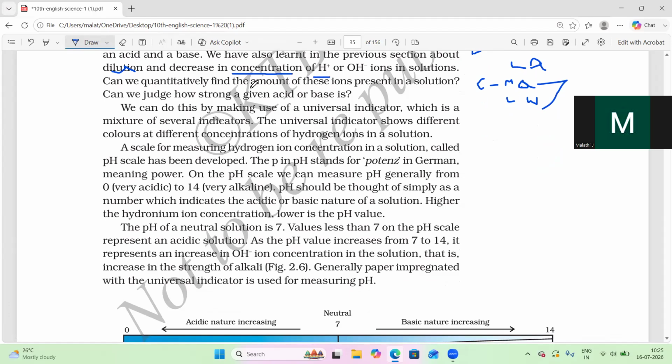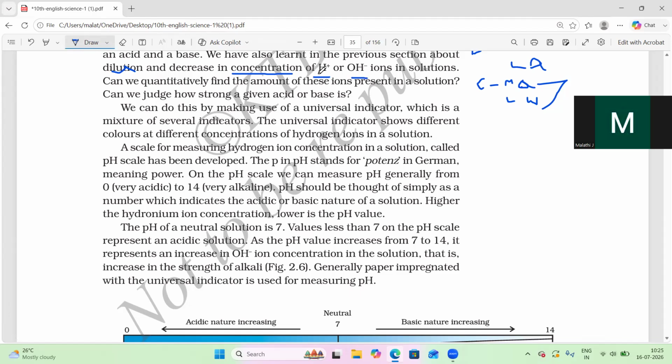Dilute acidic solution means less amount of H plus ions. If we come to a concentrated basic solution, more amount of OH minus ions will be present. A dilute basic solution means fewer OH minus ions will be present.